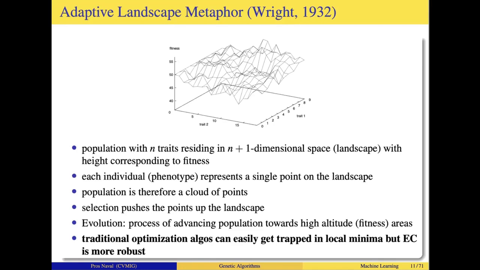Now, the evolutionary process is best visualized using the adaptive landscape or fitness landscape metaphor by Wright, which he proposed in 1932. So in this diagram, a fitness value is associated with a particular set of traits. So here you have just two traits, trait 1 and trait 2. And for this particular combination, you have this much fitness.